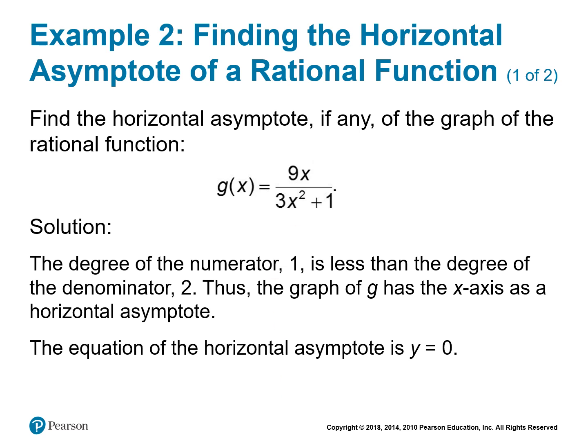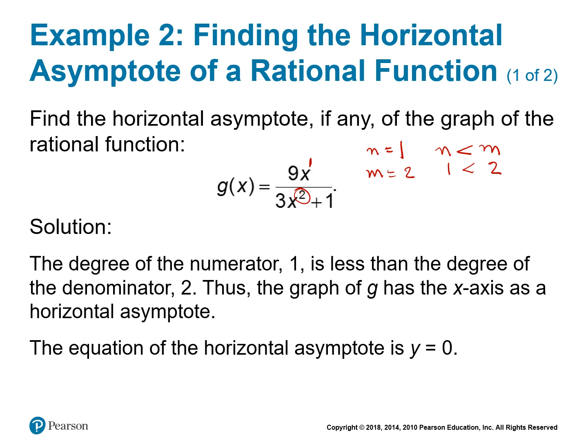So n here is 1, which is the exponent of the numerator, and m is 2 in the denominator. So we see n is less than m, right? 1 is less than 2.